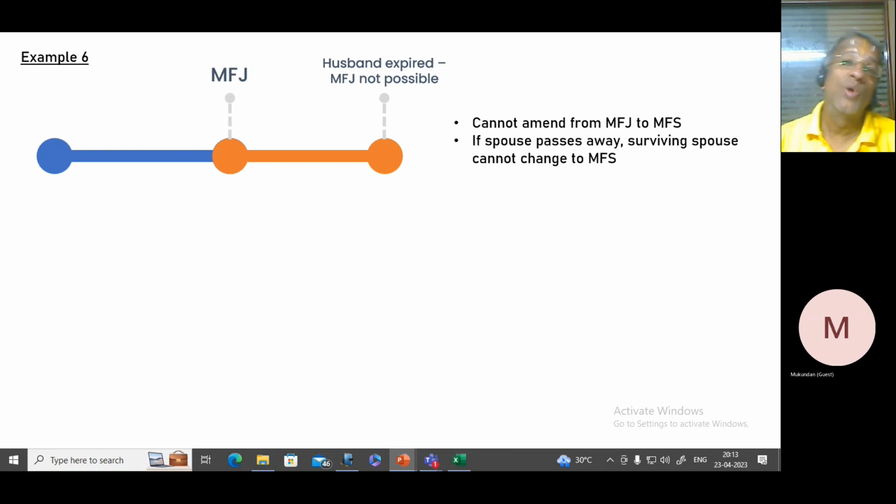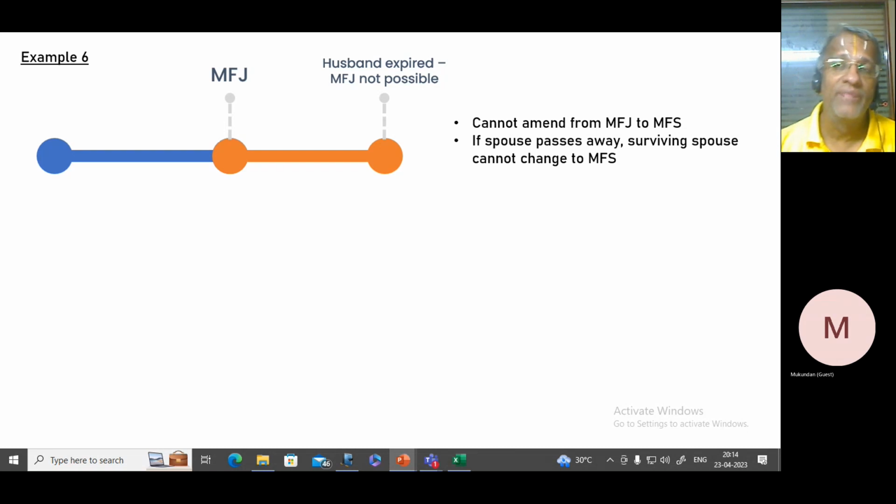If that be the case, how about the status of MFJ, whatever they have just done? Can that be amended? So a possibility is very much there. On those grounds, amendment is possible. That is one particular possibility.